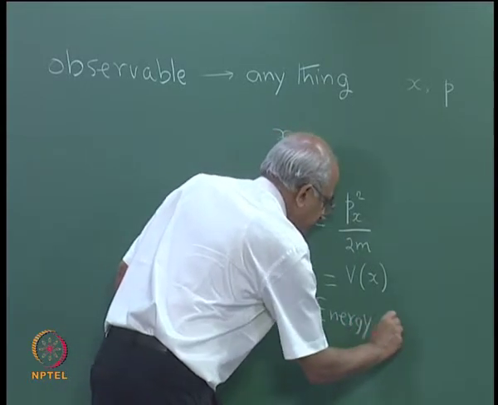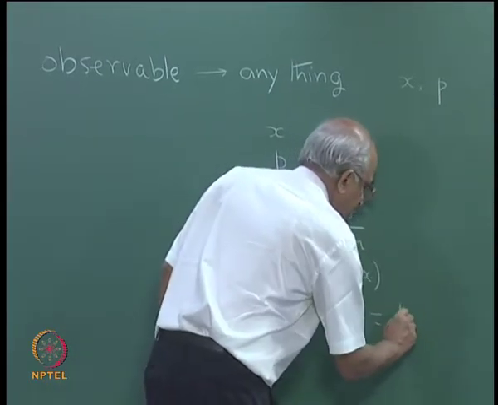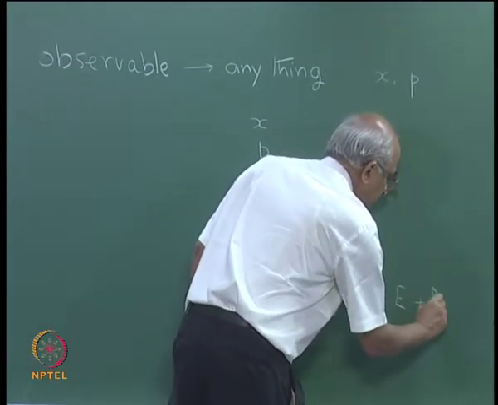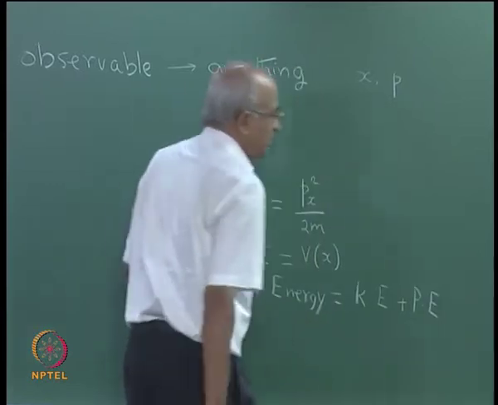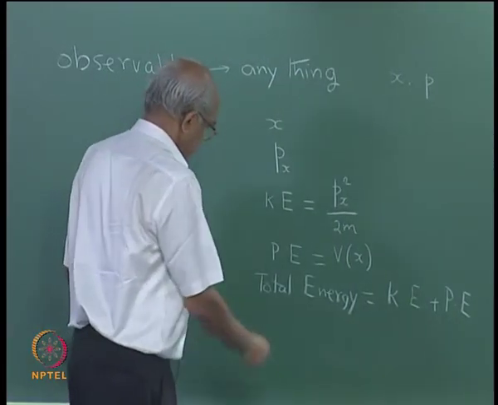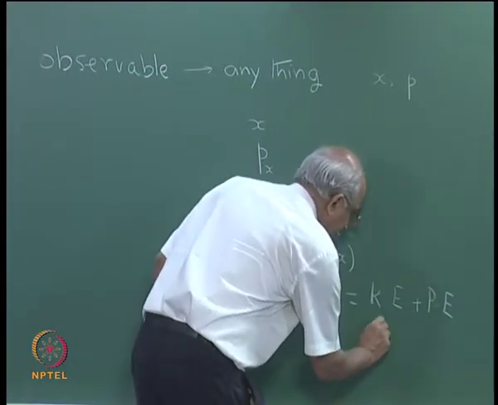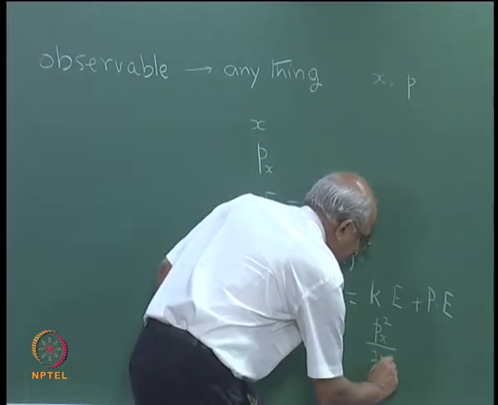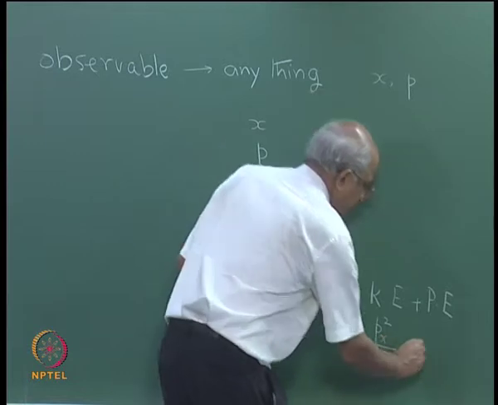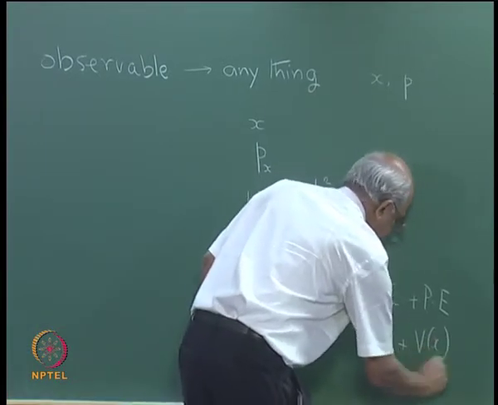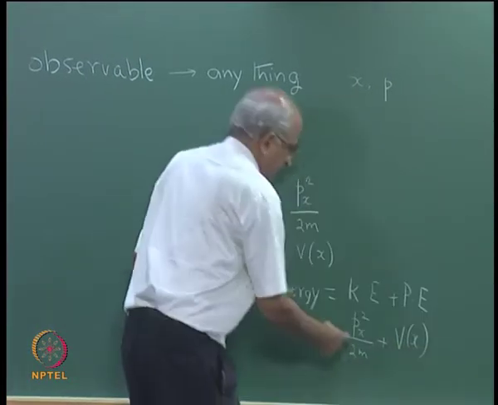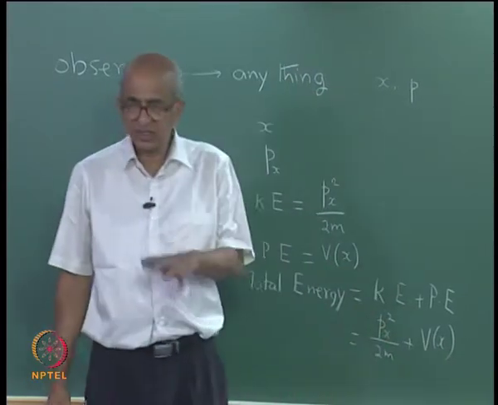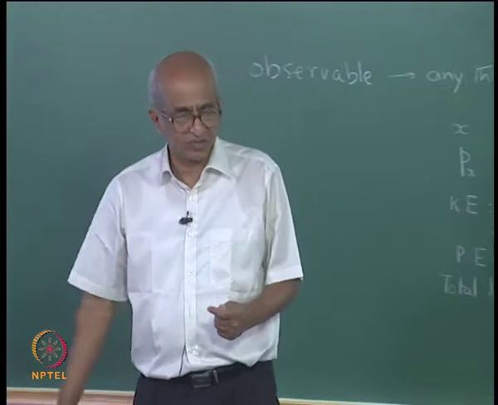Total energy is just the sum of kinetic and potential energies, and so it is going to be px squared by 2m, which is kinetic energy, plus V of x. This is a function of momentum as well as position, and hence is another example of an observable.